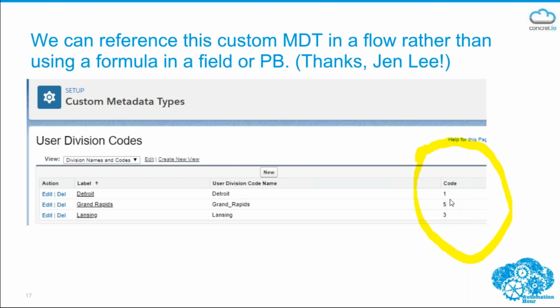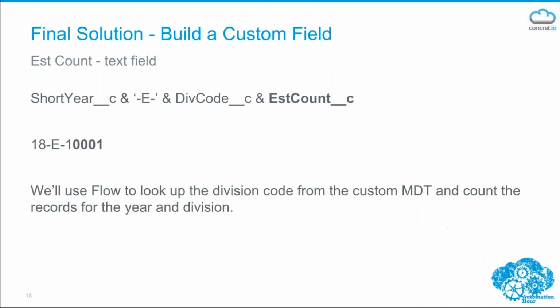So Detroit was 1, Grand Rapids was 5, and Lansing was 3, in no particular order. I just threw these together for this demonstration. And we'll see how the custom metadata works in a bit.